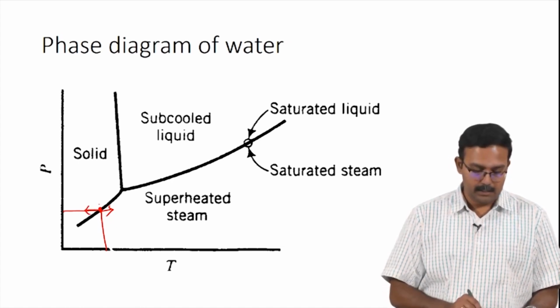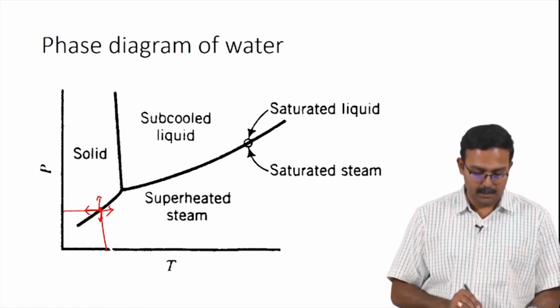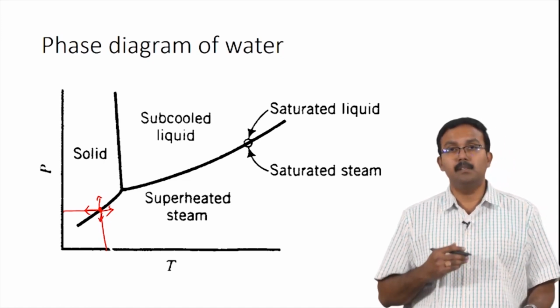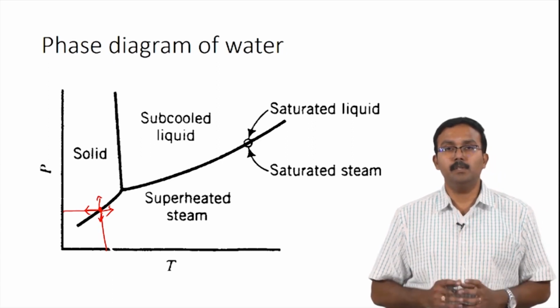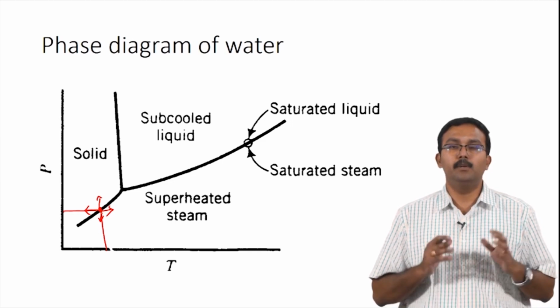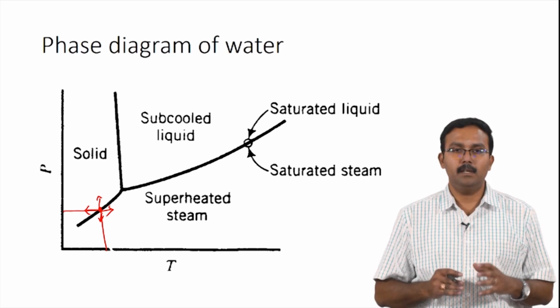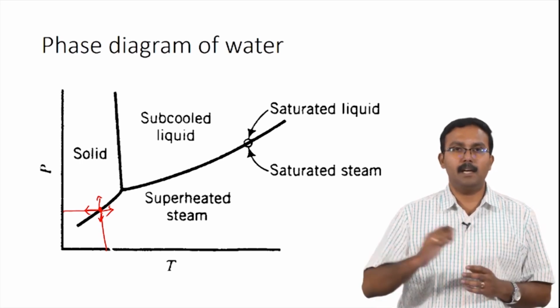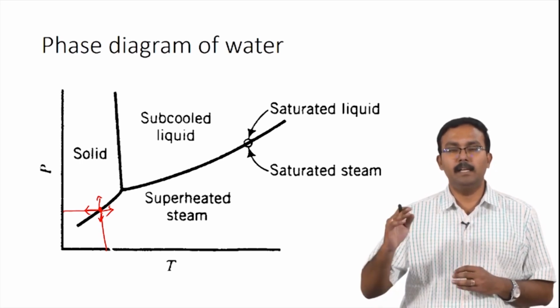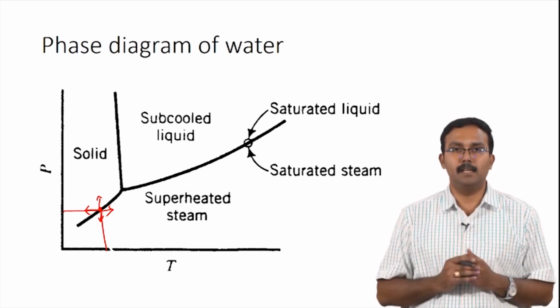Similarly, if you increase the pressure, it will move towards a solid phase, and if you decrease the pressure, it will move towards the vapor phase. So, even slight changes in temperature or pressure can shift the equilibrium in one direction. However, at a point which lies on that equilibrium curve, you would have both phases existing simultaneously.